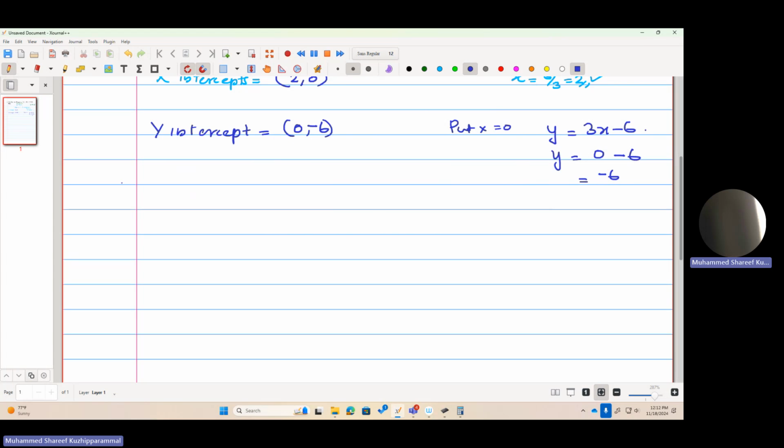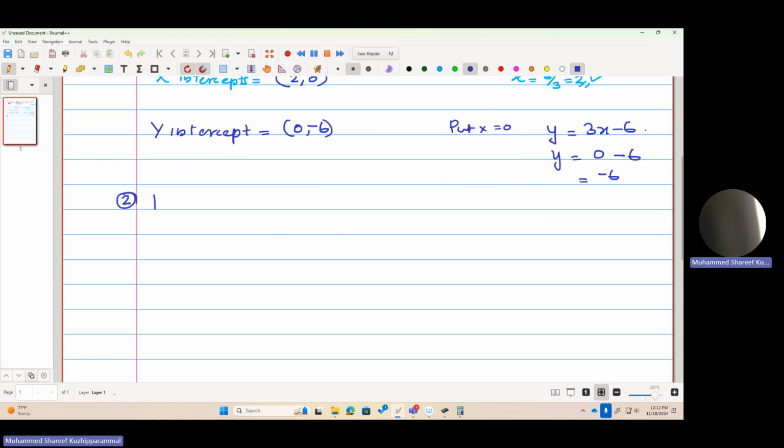Number 2. Let us solve another question. What's the question? The question is this. We are going to solve linear equations, right? Okay, we will solve this.